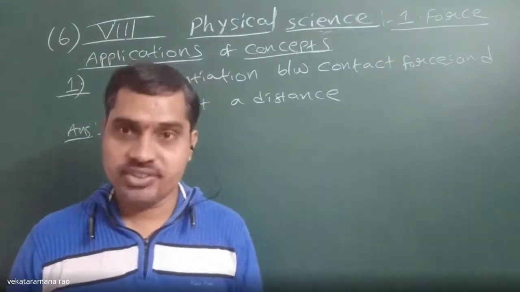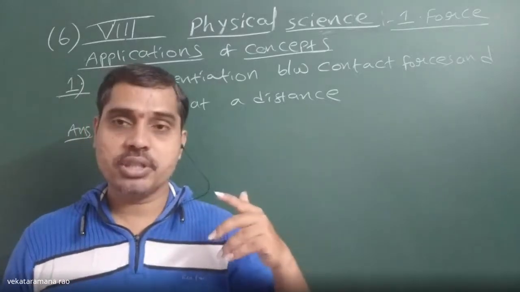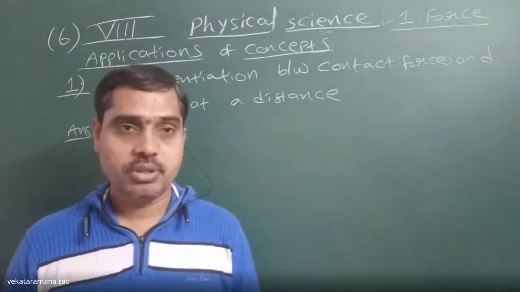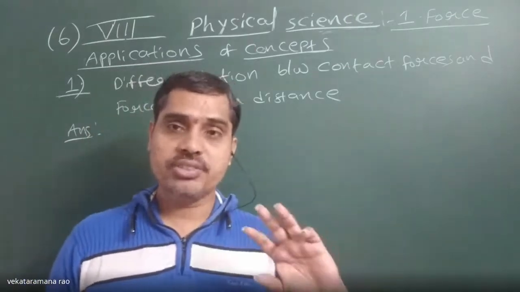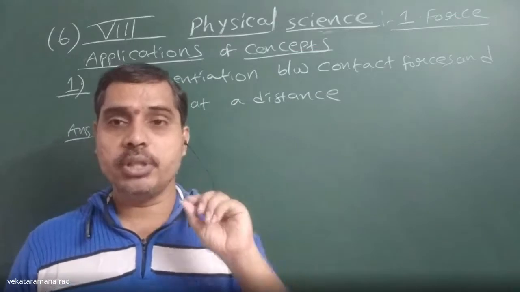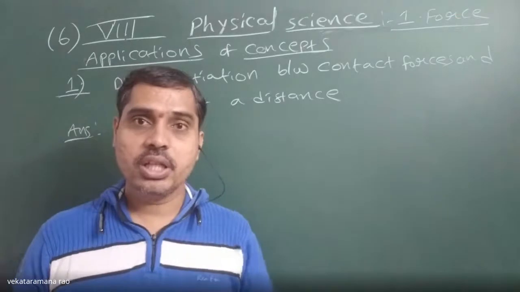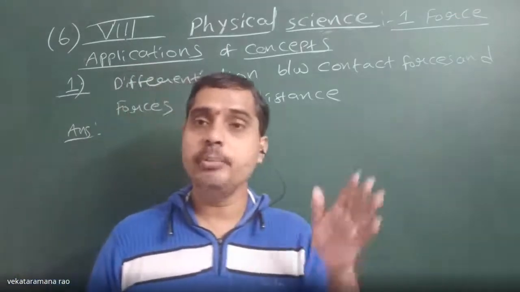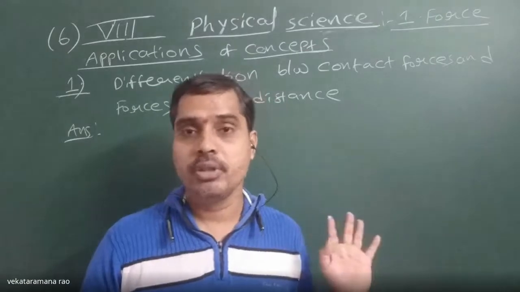So the main difference is, if object A is exerting force on object B, then in contact forces, A will exert force on B by direct physical contact with B. Without direct physical contact with B, A cannot apply force on B.